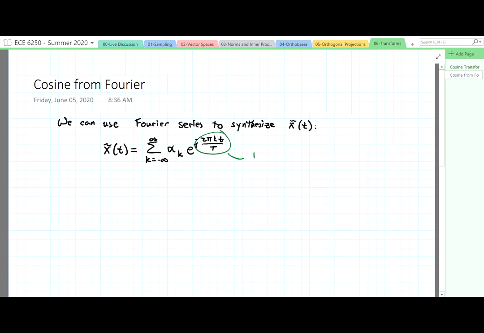But T is equal to 2 now, from minus 1 to 1. So this becomes e^{j pi k t}. All right, so x is real, or x tilde also is real.